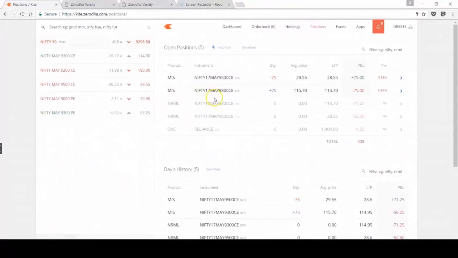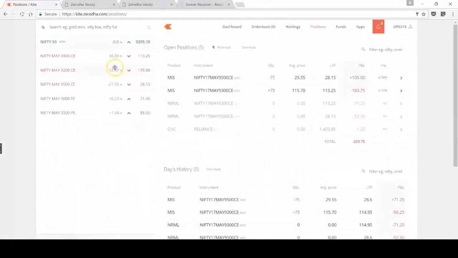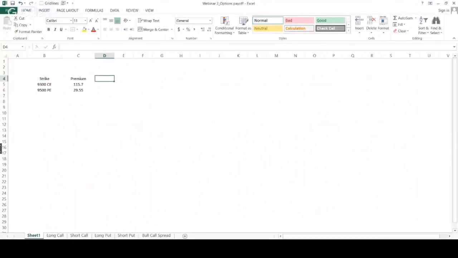So what I've done here is, I've gone long on the 9,300 call option. So this is my in the money call option, and I have sold the 9,500 option, right? So let me do the P&L here for this position. On the 9,300, I had paid a premium of so much. The premium right now is 113.